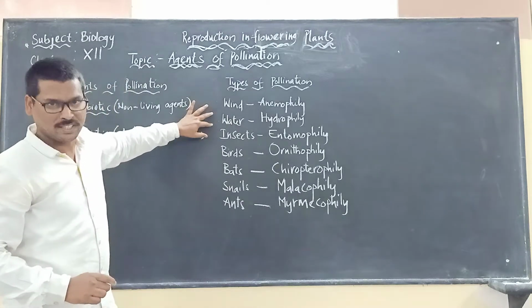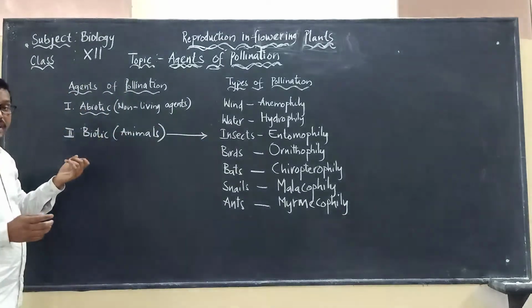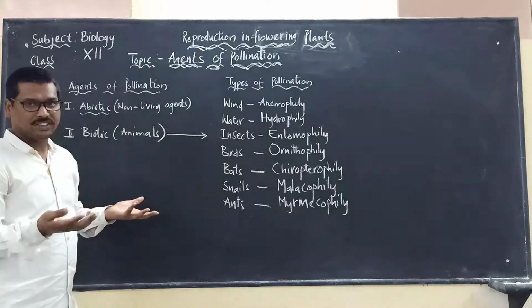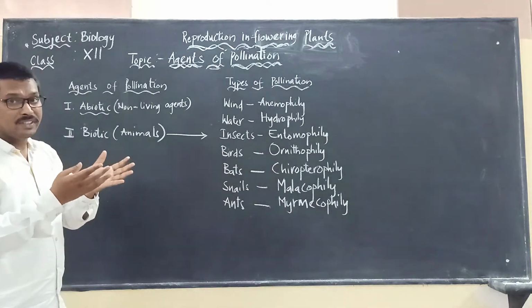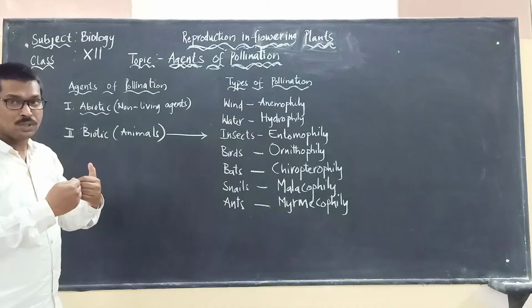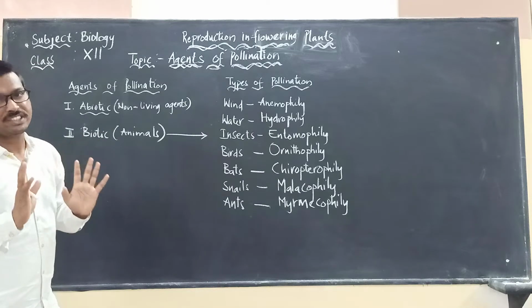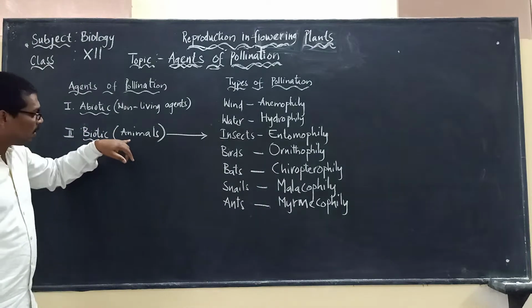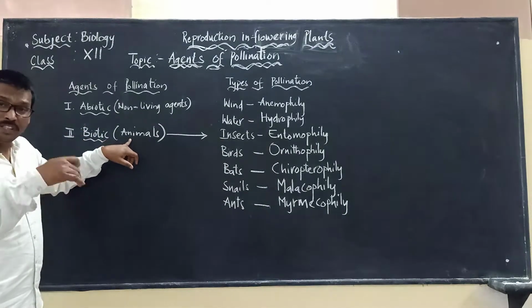And at the same time, even living things are involved in the process of pollination. There are living things which act as the agents to carry the pollen grains. Such agents are called what? Biotic. Biotic means animals, even the lower animals.